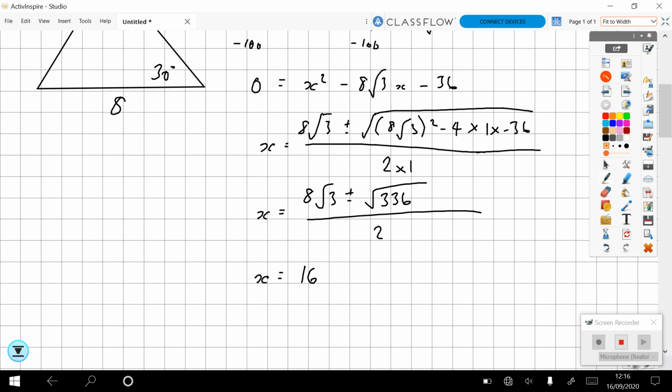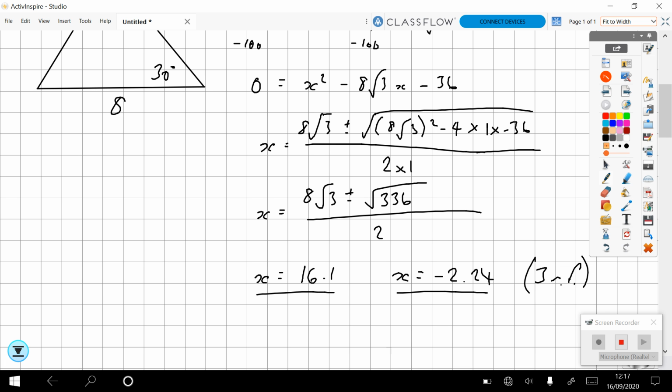If we use the negative instead, 8 root 3 minus root 336 all over 2, that gives me x equals negative 2.24. Let's do both of those to 3 significant figures.